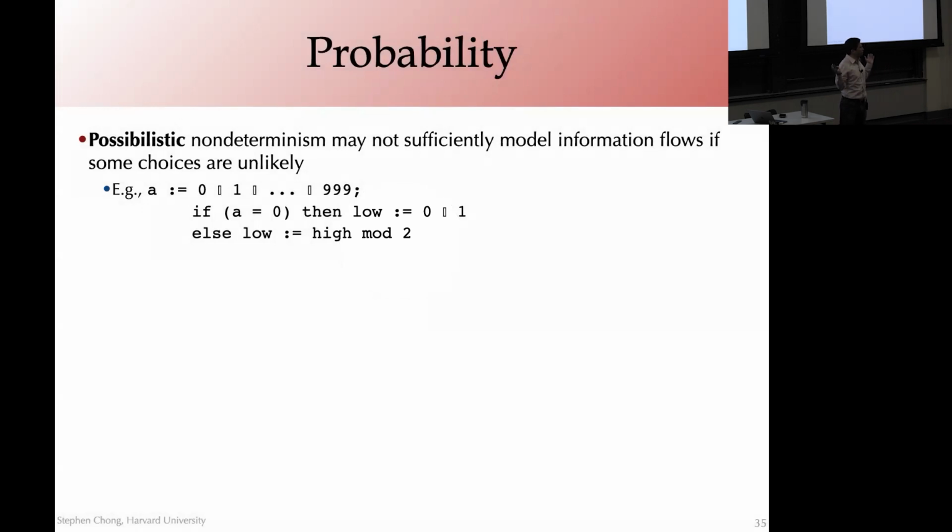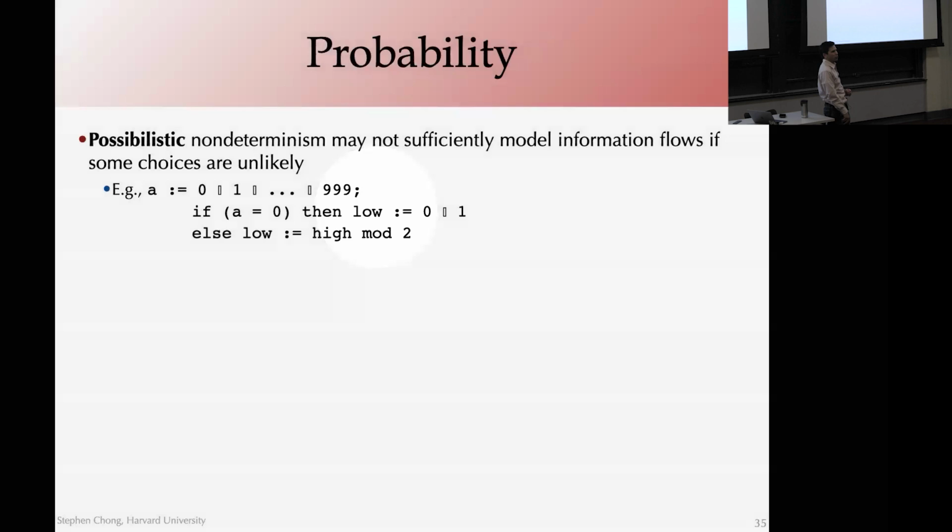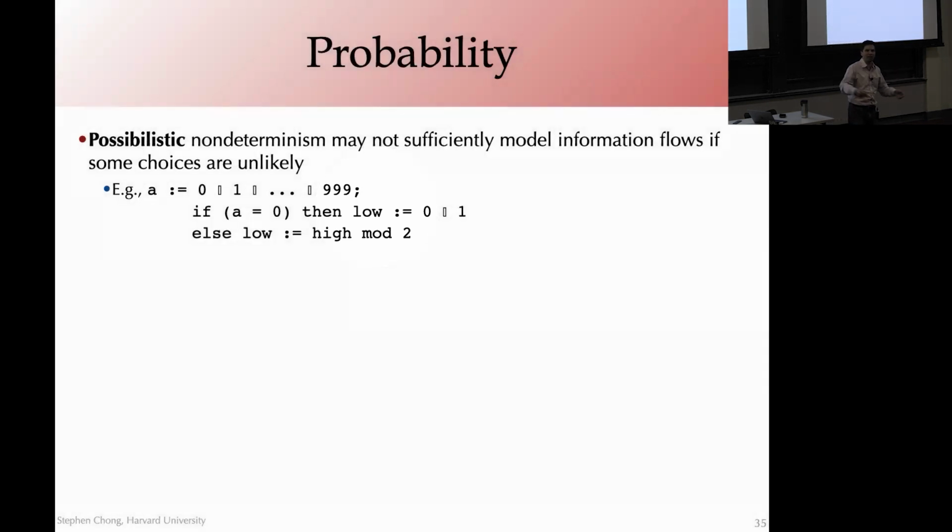So this would satisfy some kind of possibilistic non-determinism notion. All low behaviors are possible regardless of the secret information. But if we're actually choosing this number A, let's say according to a uniform distribution over the numbers 0 to 999, chances are we're actually going to be revealing some secret information. And once in 1,000 times, it'll just be noise.